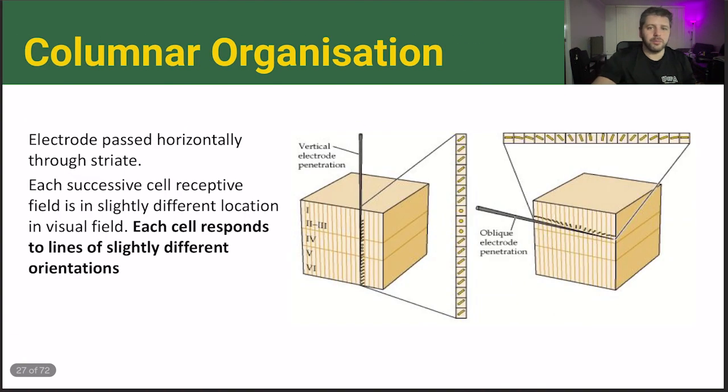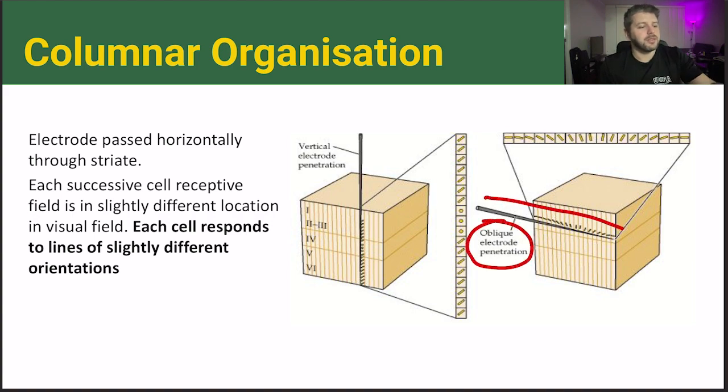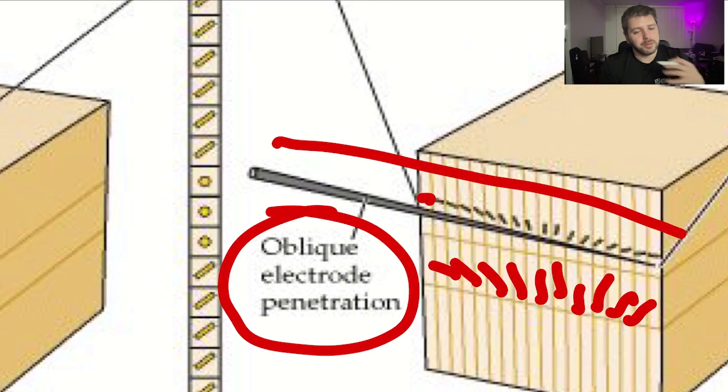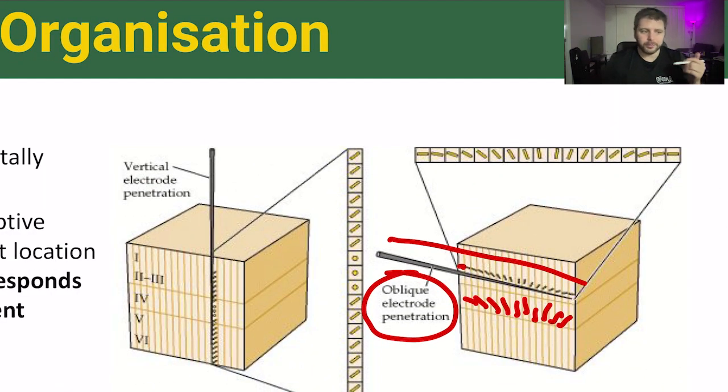However, if we were to move along in an oblique penetration, this is where we would start to see sensitivity to various different orientations of stimuli, and it's not a random organization of orientations. As you move along, you would see the sensitivity slowly change in a way that is consistent and continuous.